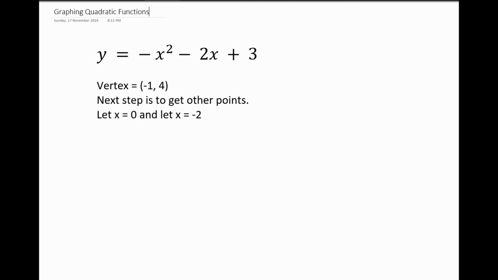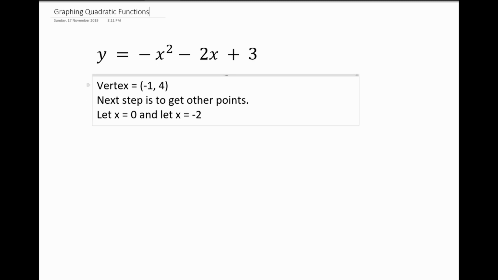What we need is to get 2 more points. Given that our vertex is negative 1, 4, and your x component here is negative 1, you have to get the left and right number from negative 1. You can get any number on the left side or on the right side of negative 1, but for simple computation, let's get the first integer on the right and left side of negative 1.